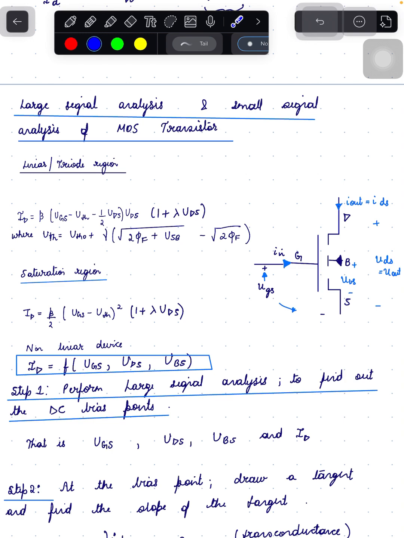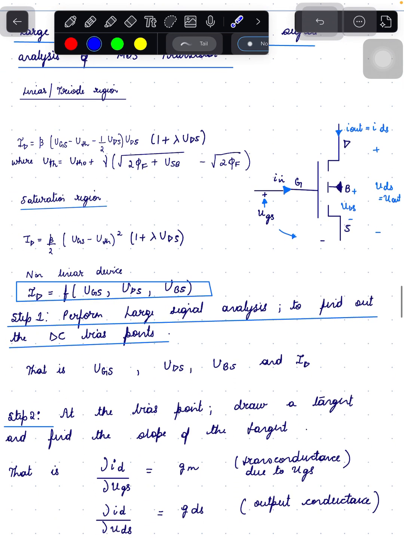In saturation region, the drain current has the UGS square term. So here as well, it is a nonlinear equation. So the MOS transistor is a nonlinear device. The drain current is a function of UGS, UDS and UBS. We need to perform large signal and small signal analysis.